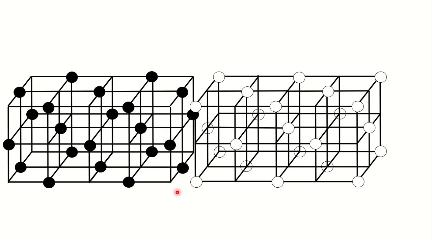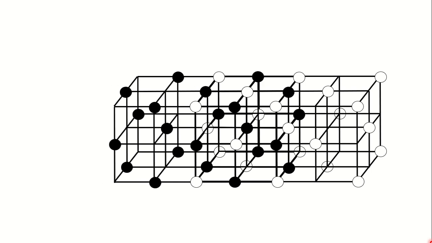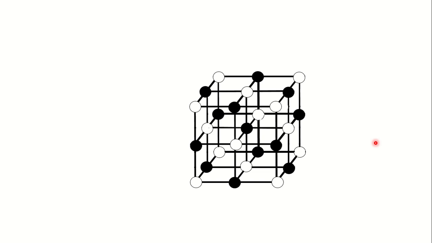Now if this one goes to the right and this unit cell merges with this unit cell, then the exact structure of sodium chloride is obtained. Look. So here two cubes are present, one constituted by Na plus ions, another by Cl minus ions. The left hand side and right hand side partial cubes should be eliminated, and this is the final structure of sodium chloride.